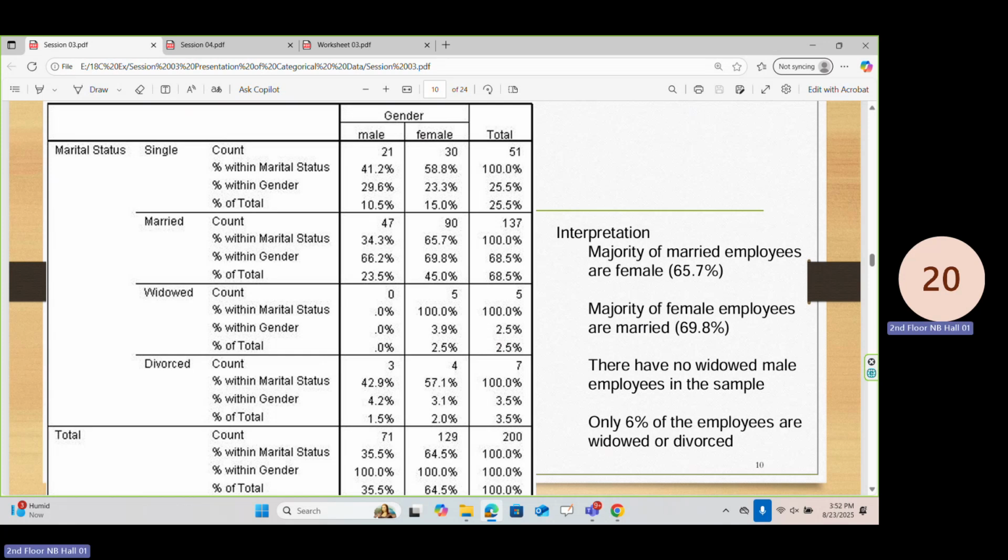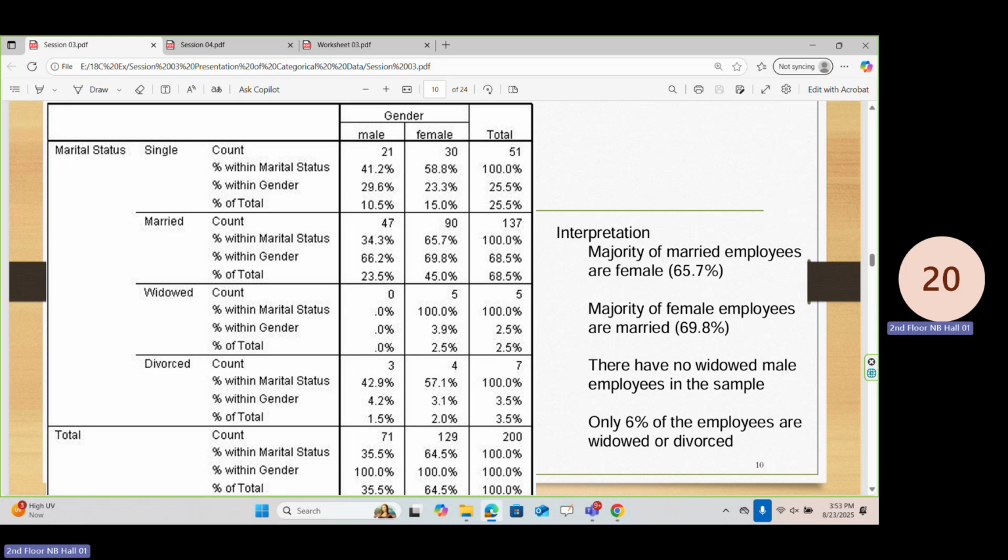Okay. Then out of that 21 are single. That's the meaning. Okay. Then 21 over 71 into 100. What's the percentage value? 29.6%. Okay. Then how we interpret it? 29.6% of male employees are single.